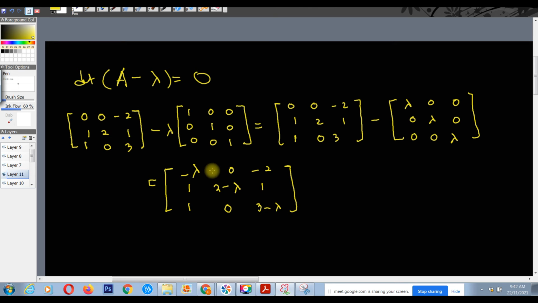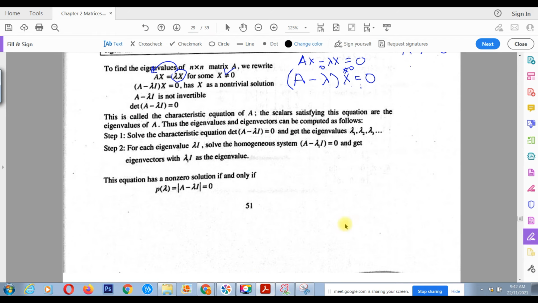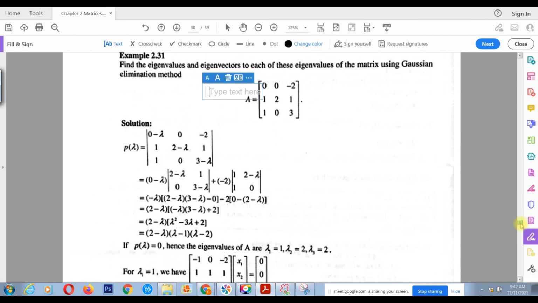Okay, we get this. After we get this, we need to find the determinant. So we denote it as this, and that's why we get it like this.